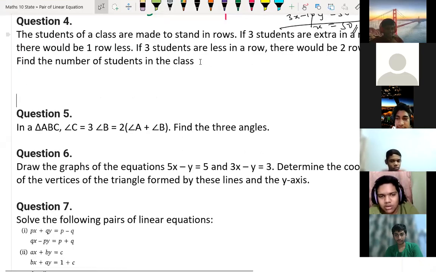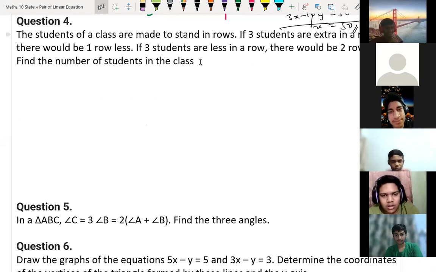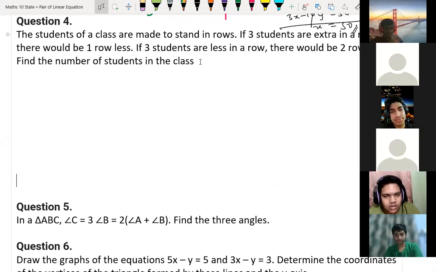So the next question is: the students of a class are made to stand in rows. If 3 students are extra in a row, there would be 1 row less. See how technical the questions they have given over here. So these are talking about rows and columns, right, children? Yes, sir. I've actually done this problem, sir.